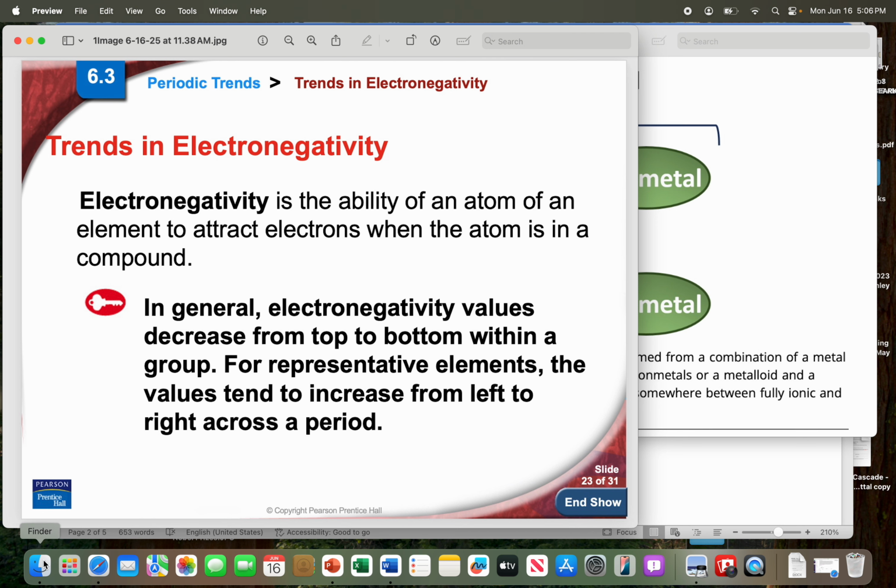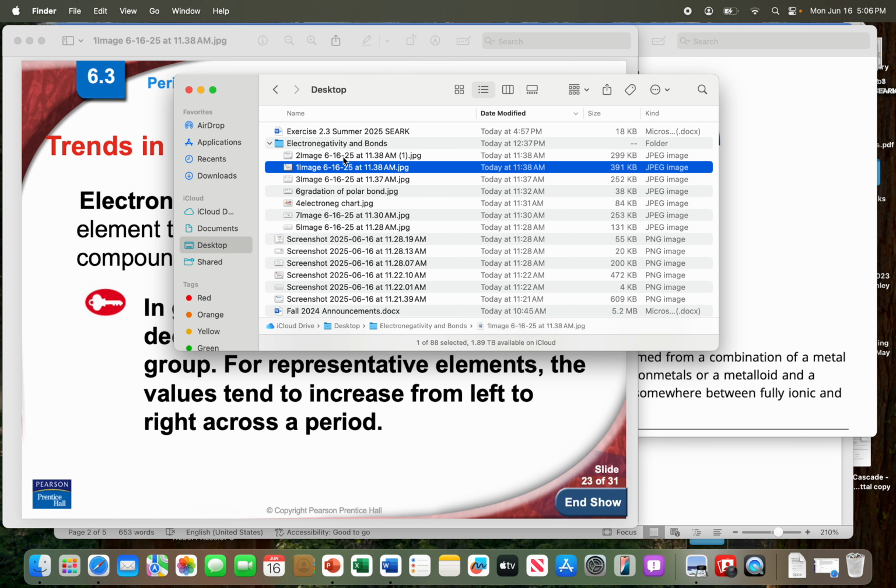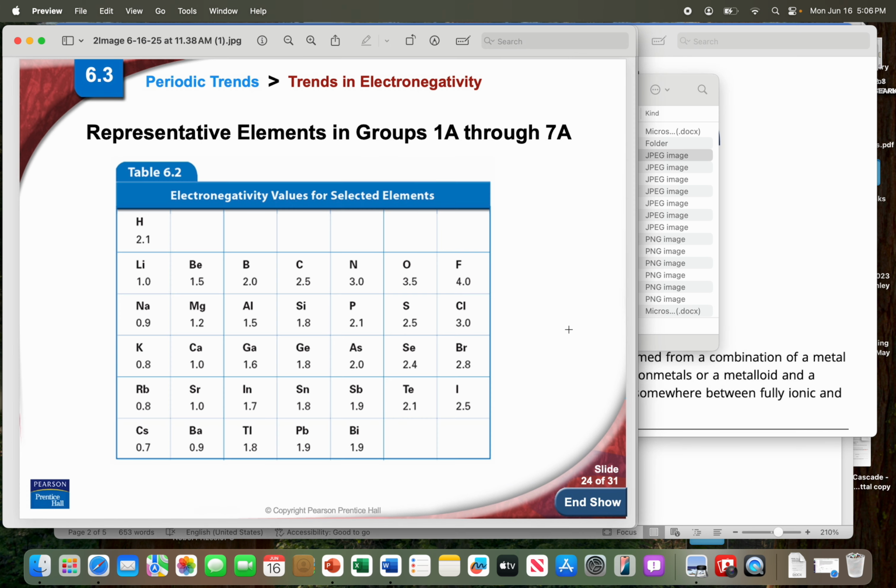So if I may find number 2, rather than remember that electronegativity increases left to right or increases bottom to top, one thing I always just tell students is just remember fluorine is the most electronegative atom there is.